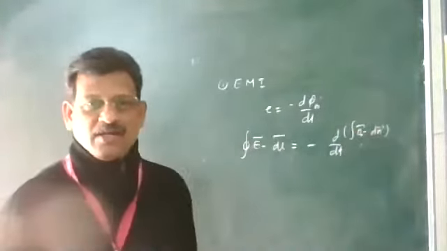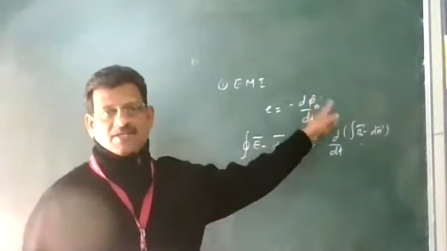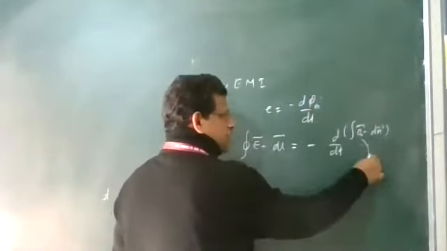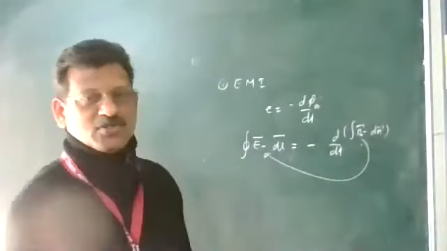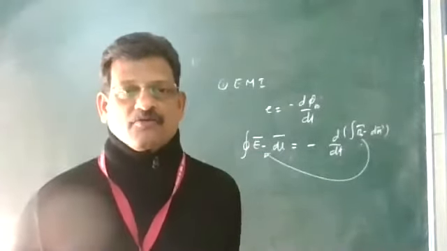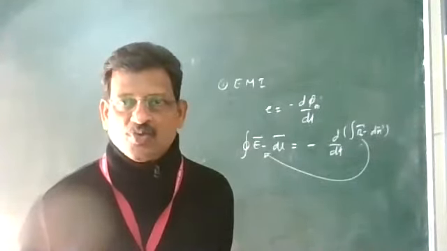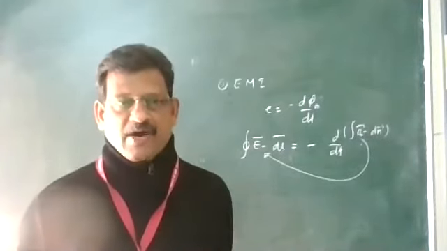So I have written EMF in terms of E·dl and flux in terms of B·dA. When there is a change in magnetic field, that produces an electric field according to Faraday's law of electromagnetic induction. The first point is that a change in magnetic field is the source of electric field. This is from EMI, Faraday's law of EMI.